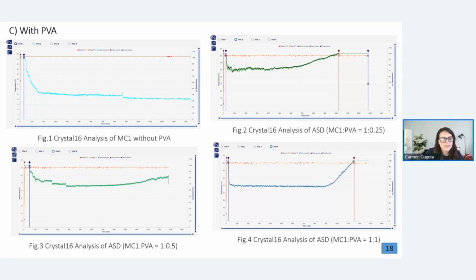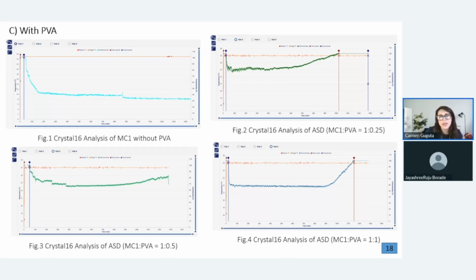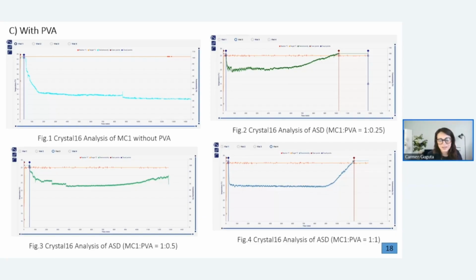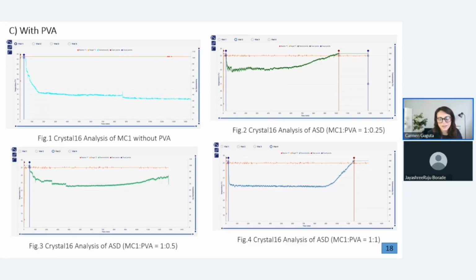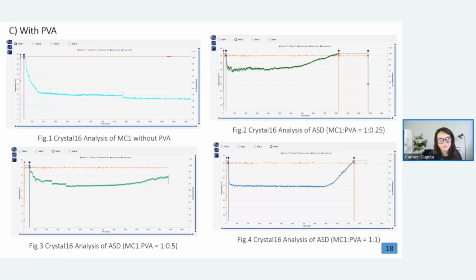Somebody else is asking how to go beyond LOC with stable ASD, amorphous solid dispersions. Is it possible to tackle the LOC with ASD? Ma'am, will you please answer? Hello? Sorry, I didn't actually get the question.